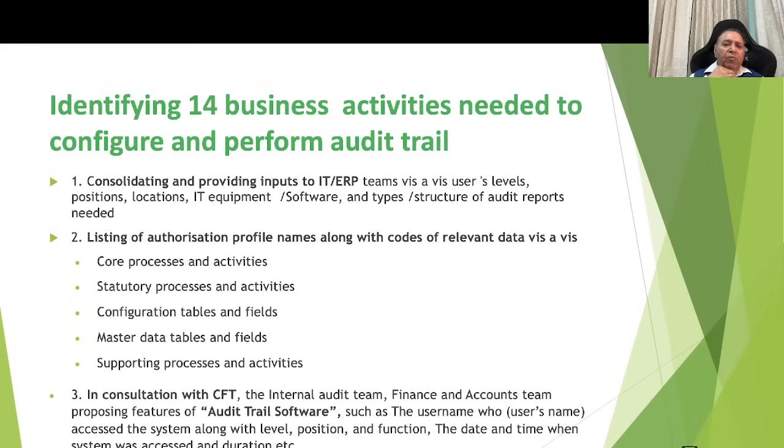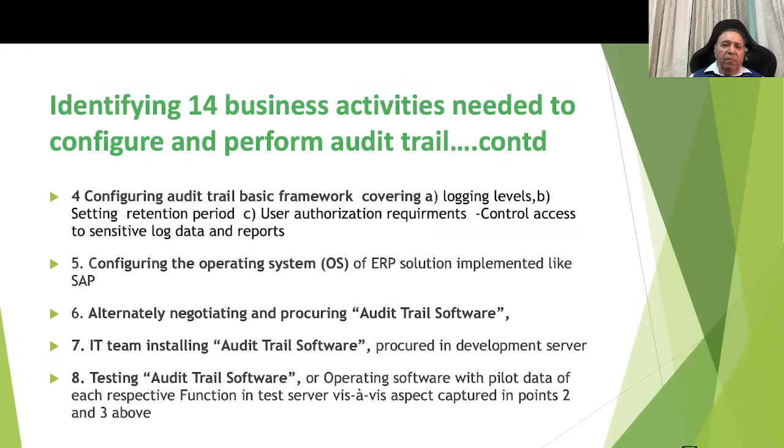Activity number 3 is, in consideration with the internal audit team and finance and accounts team, proposing features of audit trail software such as username, who initiated, who accessed the system, along with the level, position, and function, the date and time when the system was accessed, and duration, etc. Number 4 is the configuration audit trail basic framework, which basically covers logging levels, setting retention period, the user authorization requirements and control access to sensitive log data and reports.